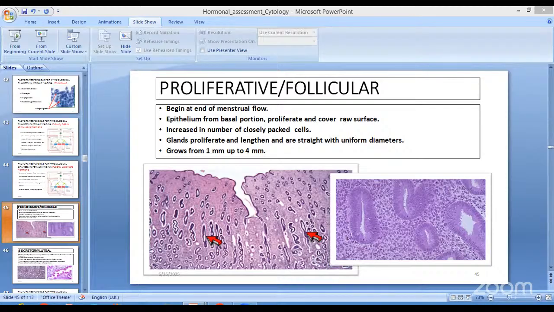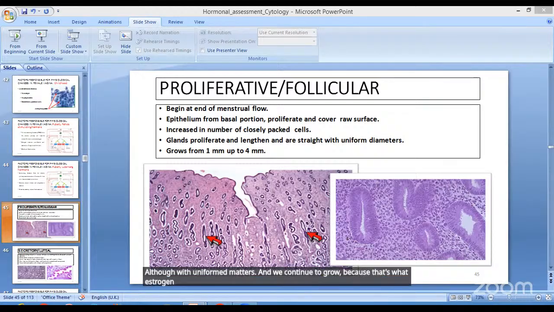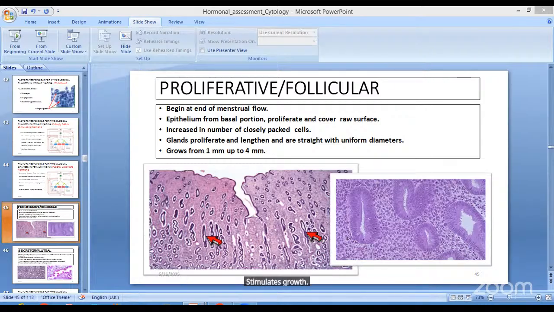Packed glandular cells progressively increase in length, although with uniform diameters. And they continue to grow because that's what estrogen is meant to do. Stimulate growth, stimulate maturity.